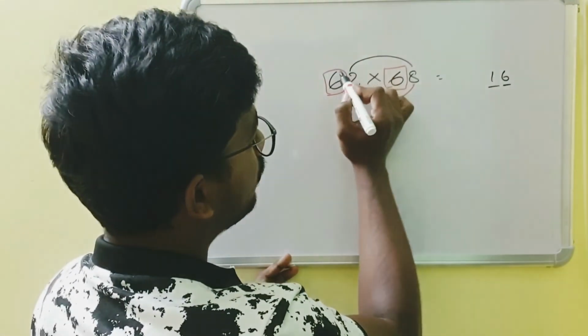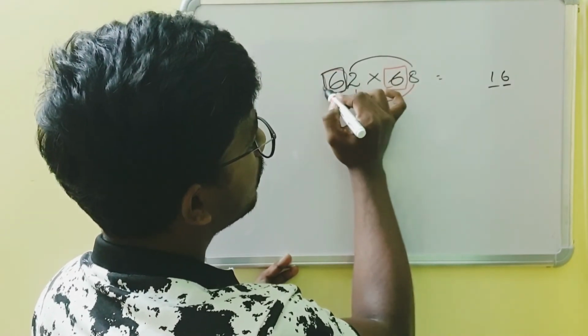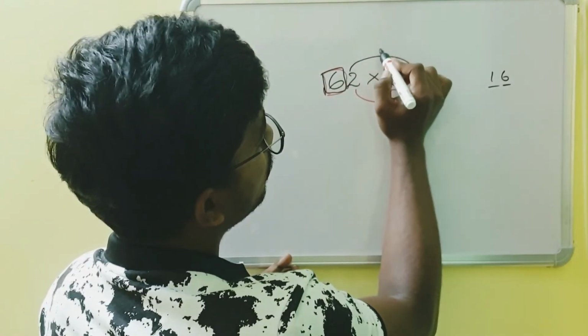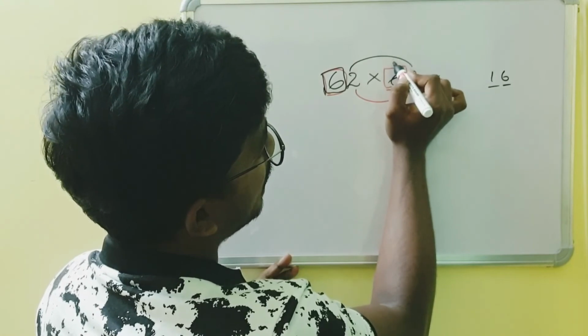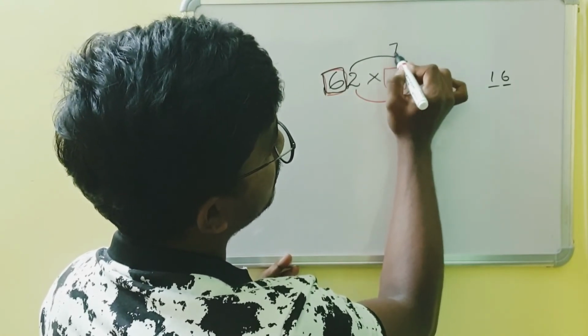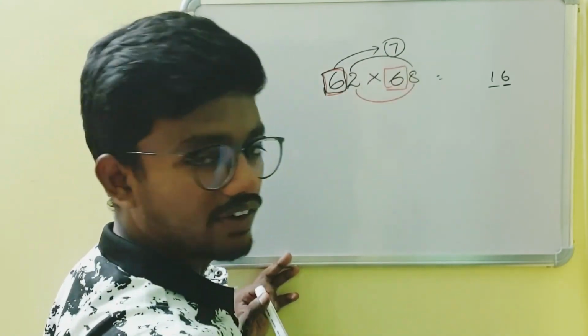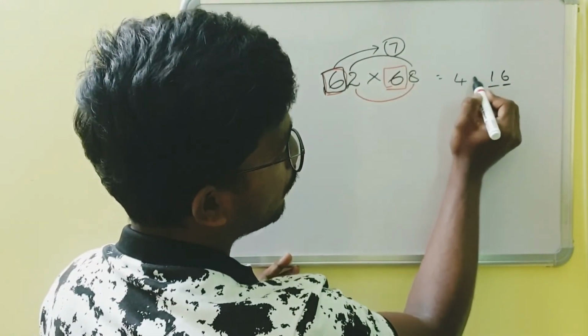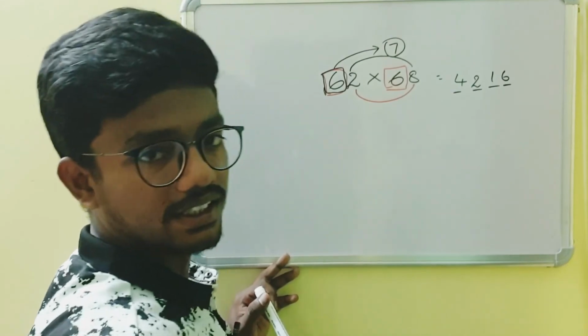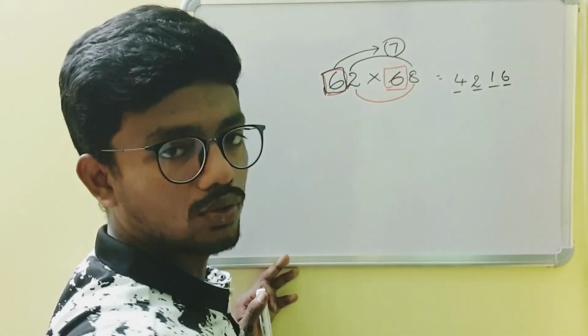Then we have to multiply the tens place with 1 added. If we add 1 to the tens place, we get 7. So we have to multiply the tens place with 7, which is nothing but 4216. So our answer is 4216.